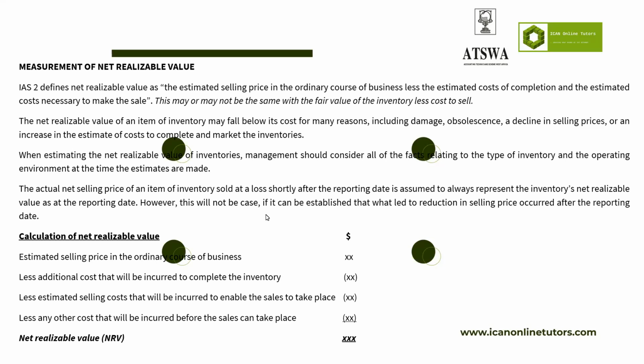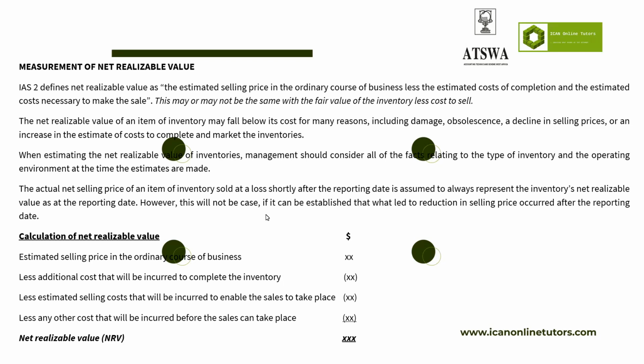As an advanced way to measure inventory, we need to look at the cost of that inventory and also NRV. NRV means net realizable value. In line with IAS 2, at what value should inventory be measured?